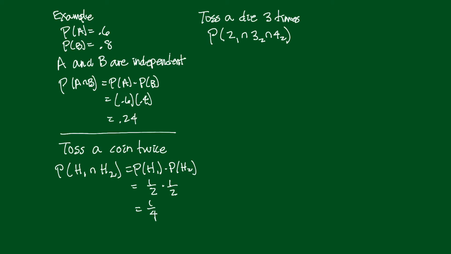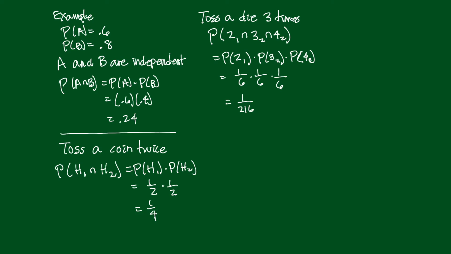So I'm going to write that this is equal to the probability of getting a 2 on the first times the probability of a 3 on the second times the probability of a 4 on the third. A 2 on the first, 1 out of 6. A 3 on the second, 1 out of 6. A 4 on the third, 1 out of 6. And this comes out to 1 out of 216.